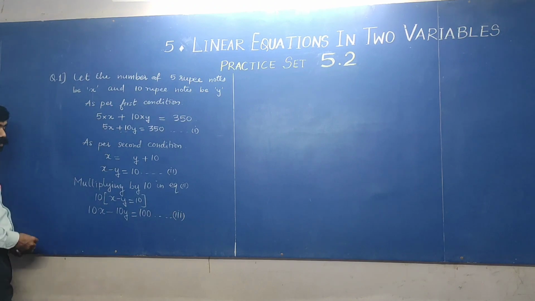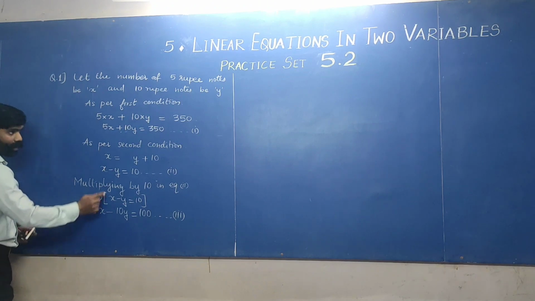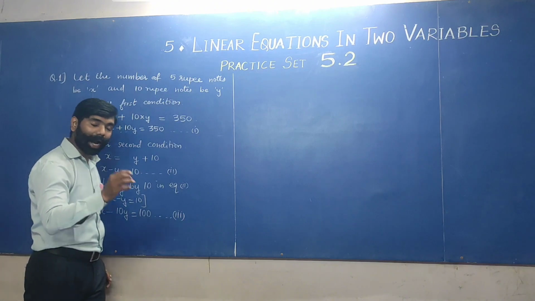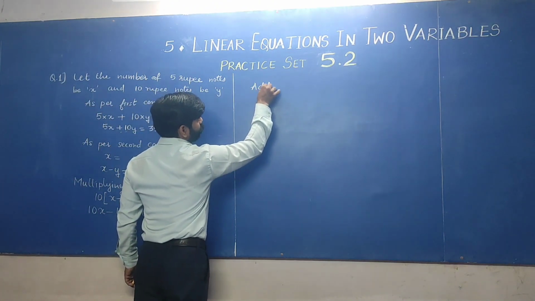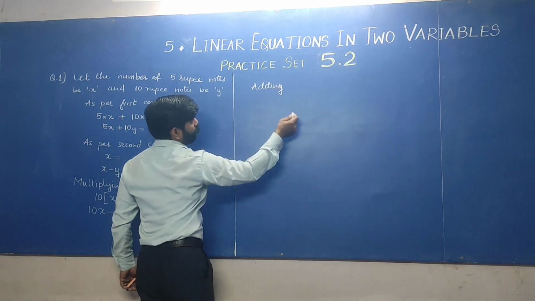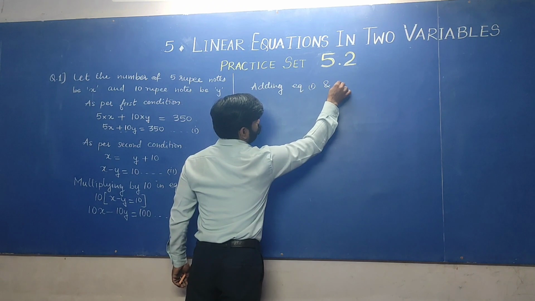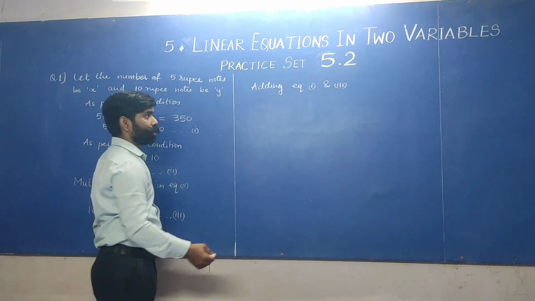Now students, we are going to do the elimination method. By equation number 3 and equation number 1, we are going to add equation number 1 and 3. So we are going to add equation number 1 and 3.